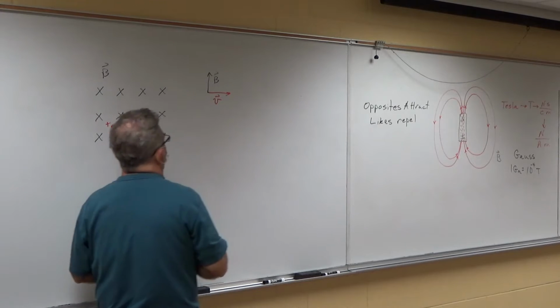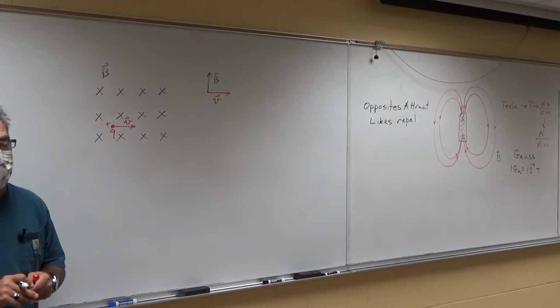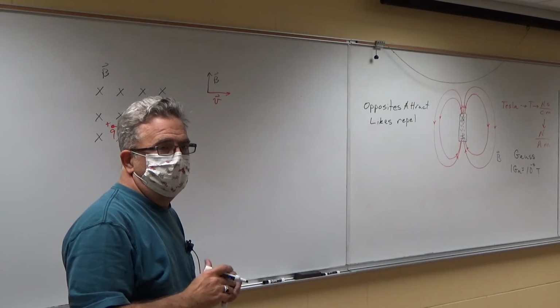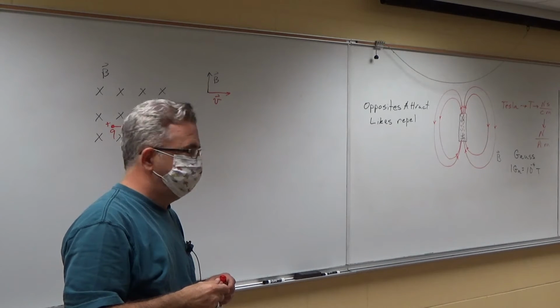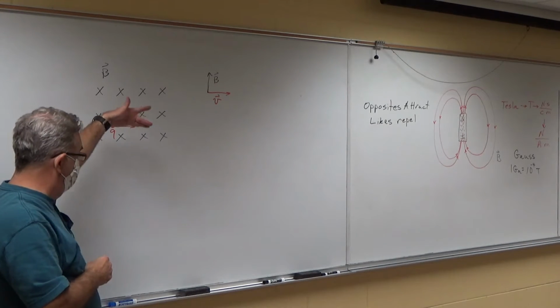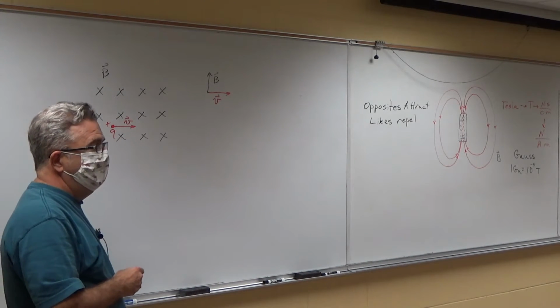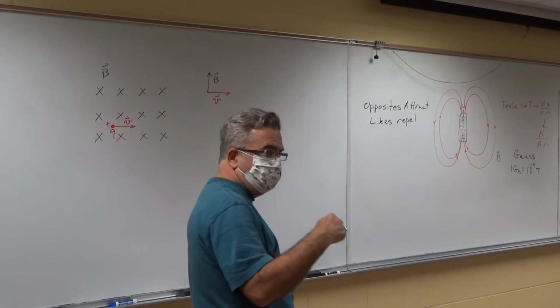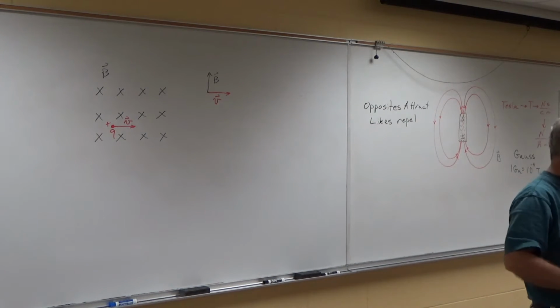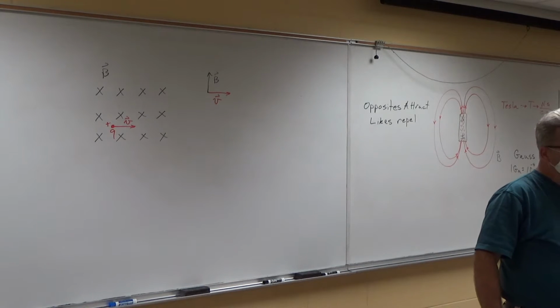That's a top view. So the angle between V and B is 90 degrees. In this case, with that angle at 90 degrees, there is a force between the charge and the magnetic field due to the relative motion of the charge in the magnetic field.